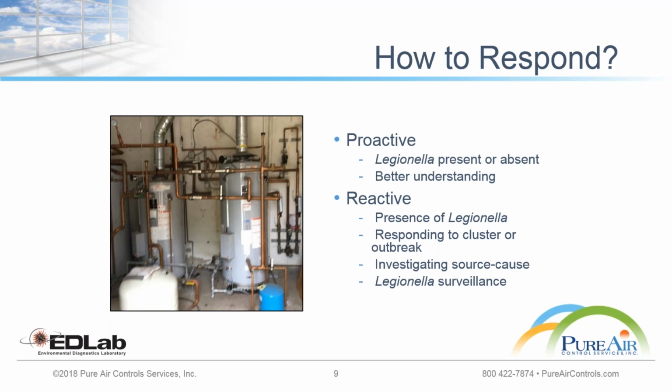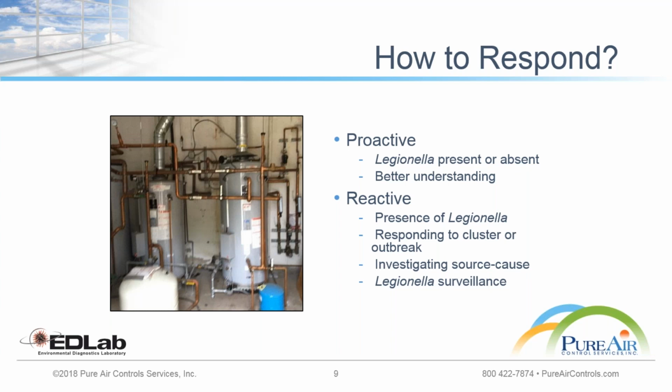Whereas a reactive method, unfortunately, is when you have a complaint and people start complaining that they are suffering from Legionella infection and things like that. In that case, the steps are to try to identify the bacteria and try to understand the source of the bacteria. All these things come under the reactive measures, and under these steps you have to again find out whether Legionella is present or not.